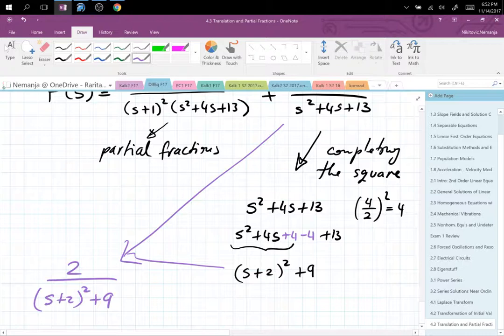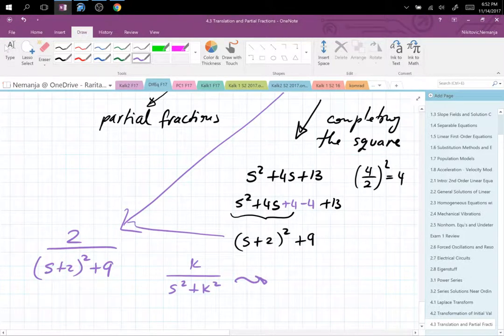Now we have the structure for k over s squared plus k squared, because that one goes into sine kt.